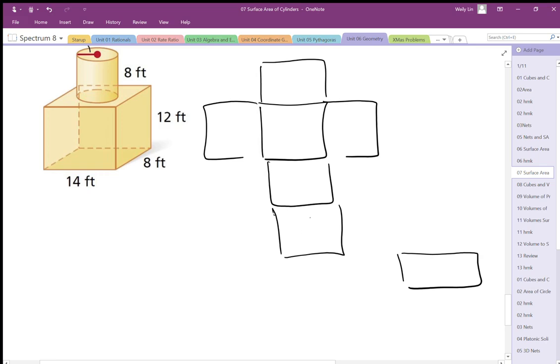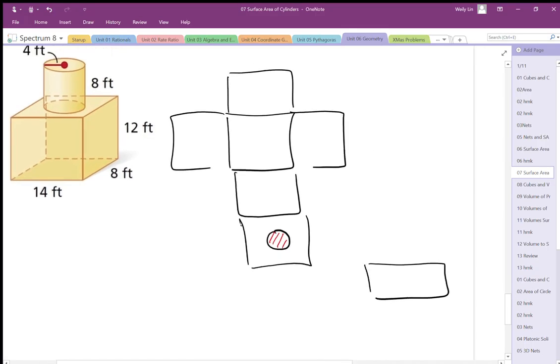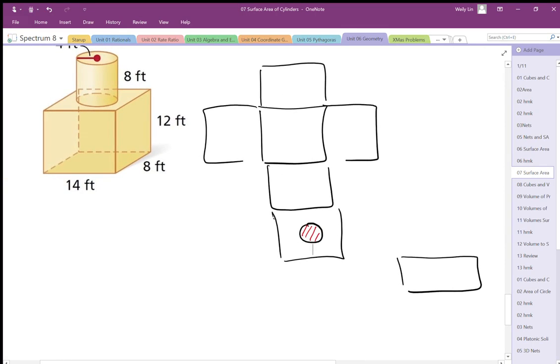I'm just going to place it in there like that and shade it a little bit differently, but that's accounted for in this rectangle, and I don't have to account for the top of the cylinder here. So there are my parts.